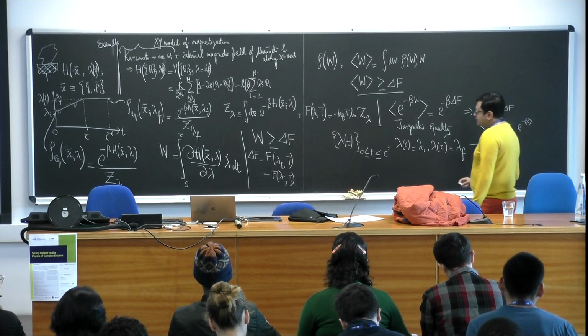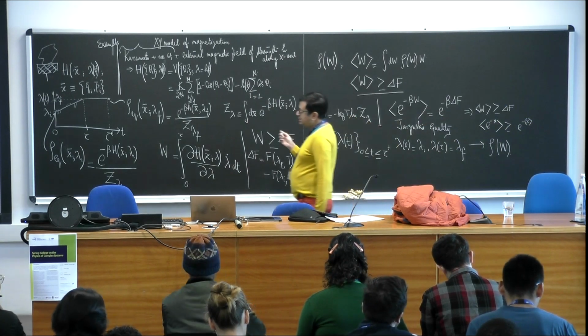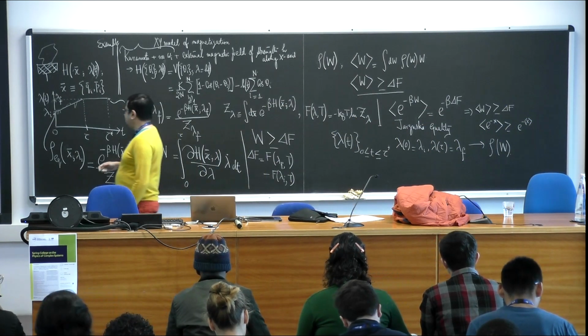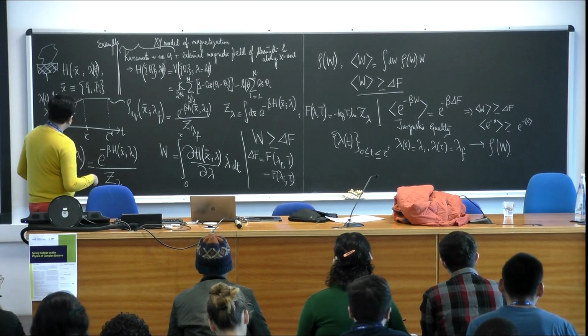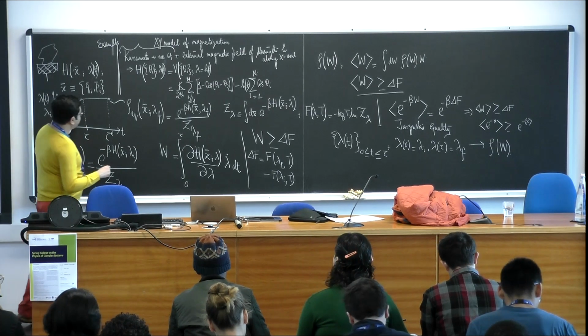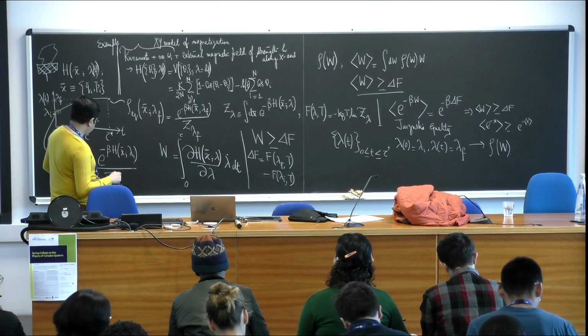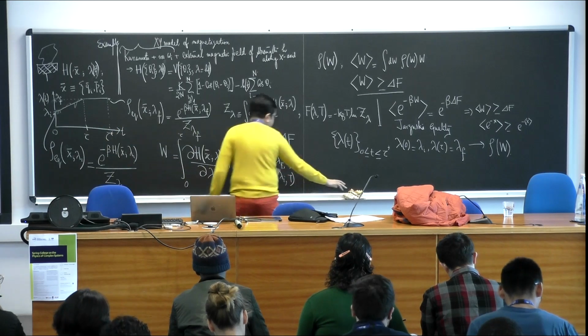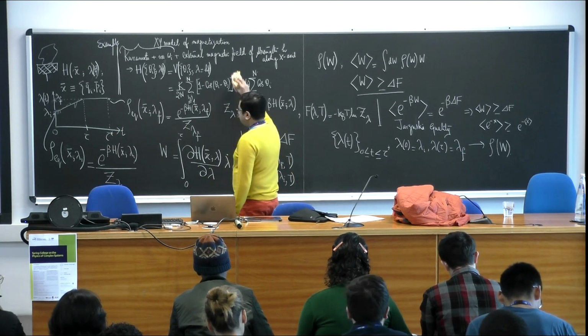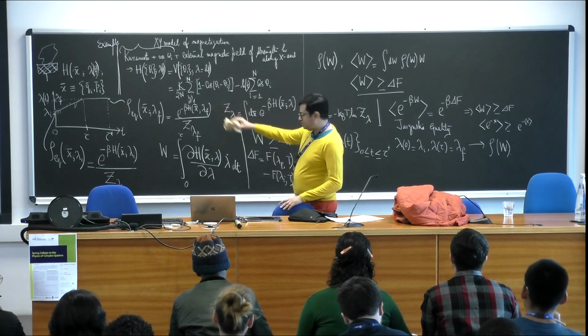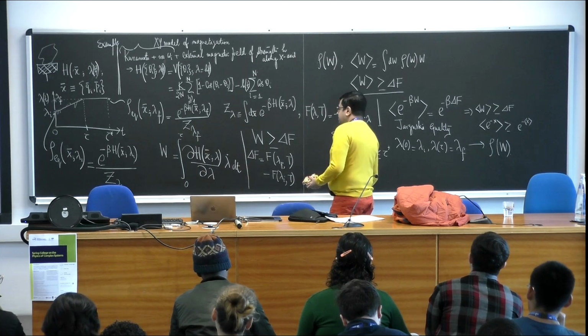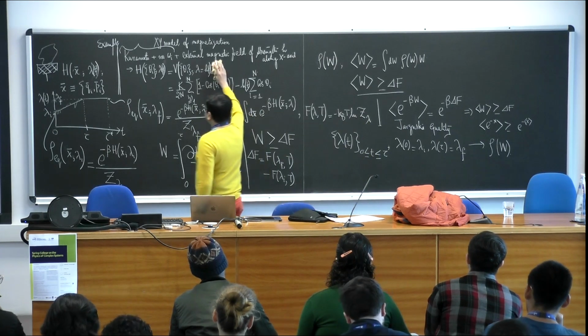But suppose now I repeat the experiment by changing lambda in the reverse direction. That is, now what I do is that I prepare the system. So let me draw another figure corresponding to this one. I guess you remember what it is.